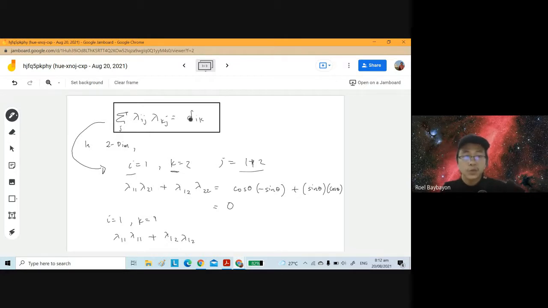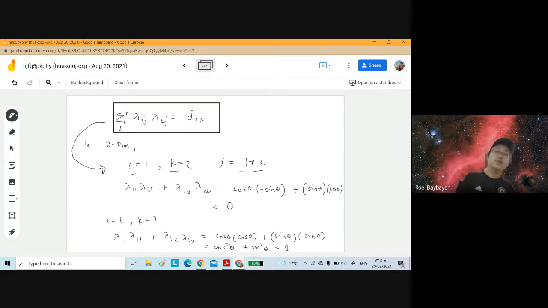Lambda 1 1 is cosine theta, multiply by cosine theta, plus lambda 1 2 is sine of theta, times lambda 1 2, also sine of theta. So this one is cosine square of theta plus sine square of theta, which is equal to 1.